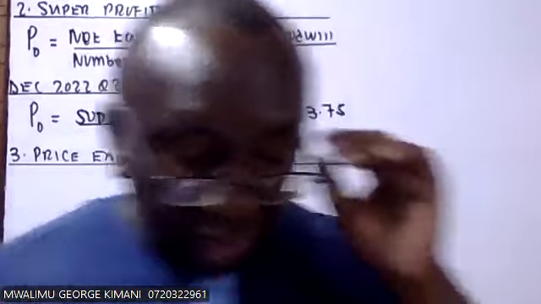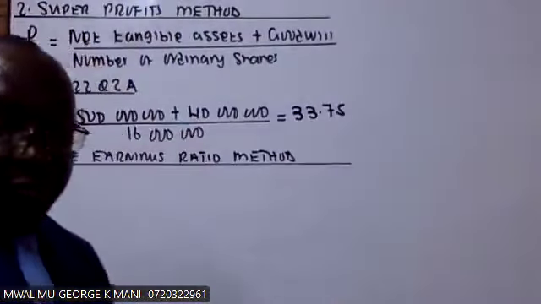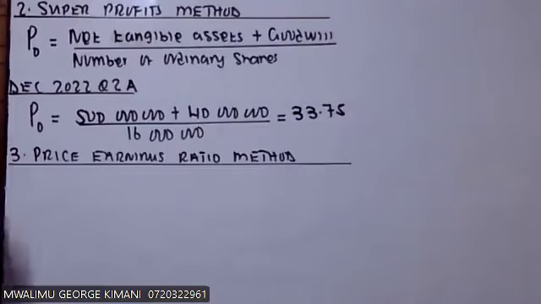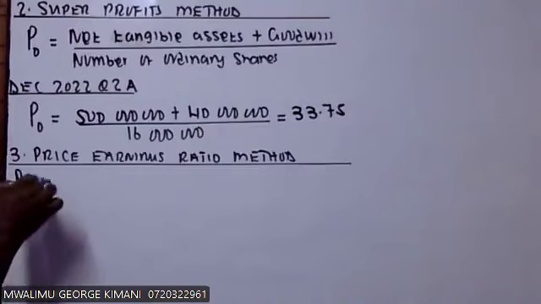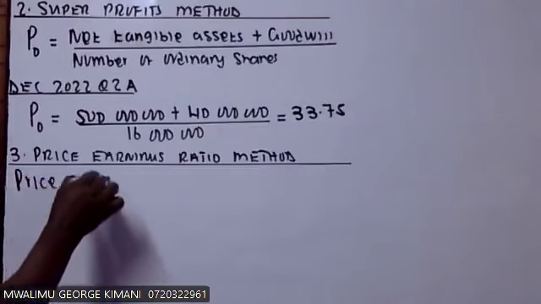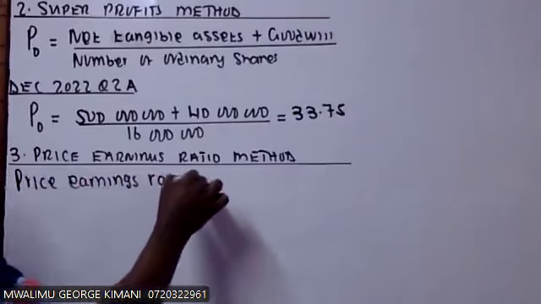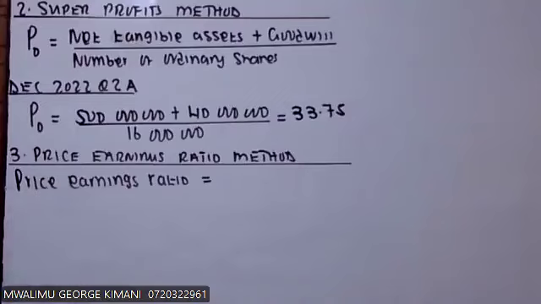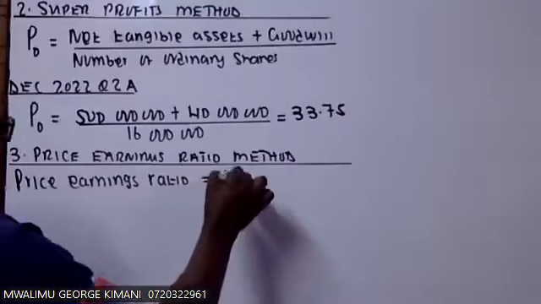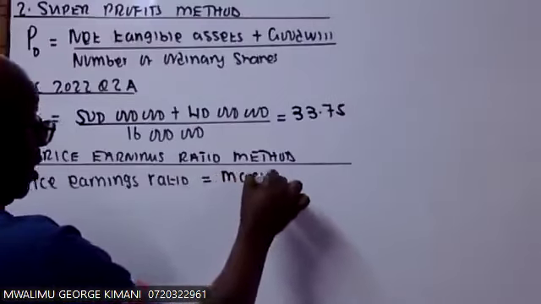The computations are: the price earnings ratio, the PE ratio, is given as market price per share.